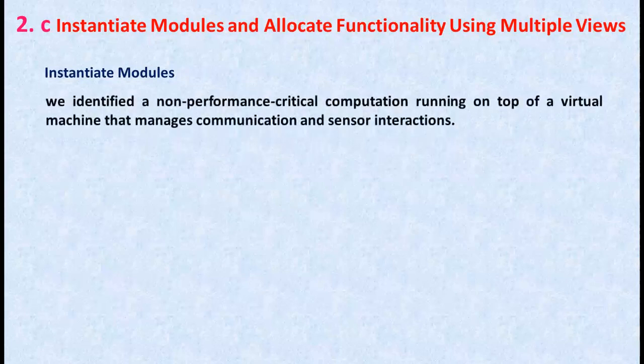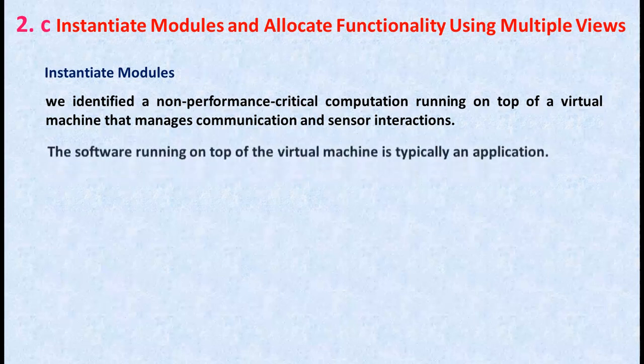We now show how those module types will be instantiated. So here, to instantiate modules, we define a non-performance critical computation running on top of the virtual machine that manages the communication and scenario interactions.